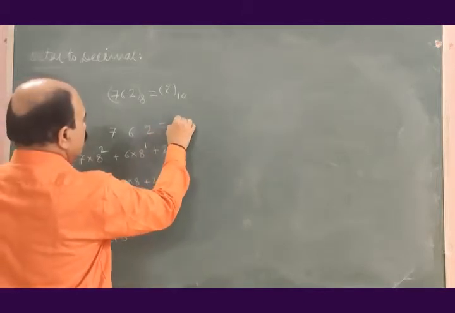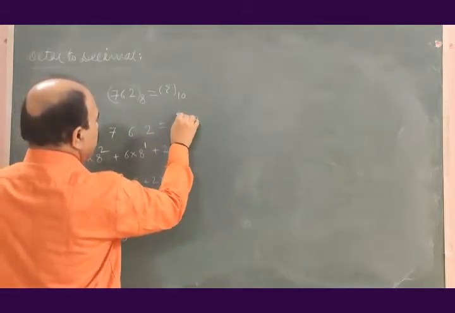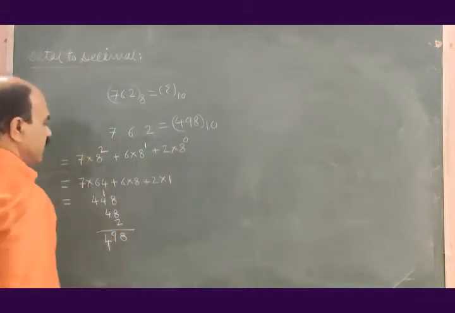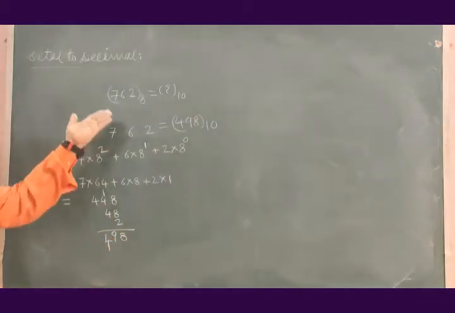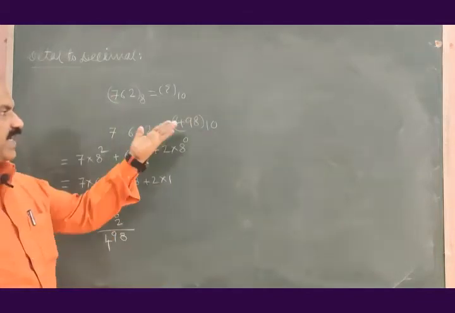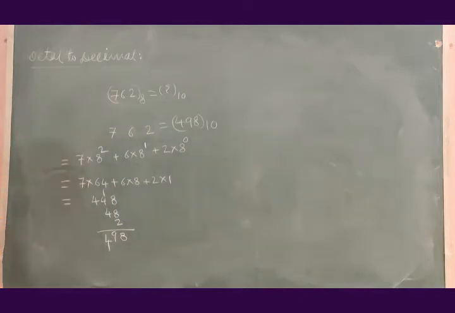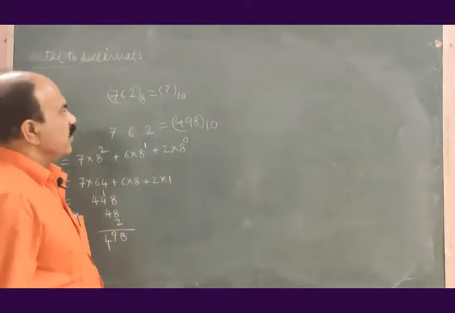So this is equal to 498 in decimal. 762 in octal is 498 in decimal. Let us go for some other example.